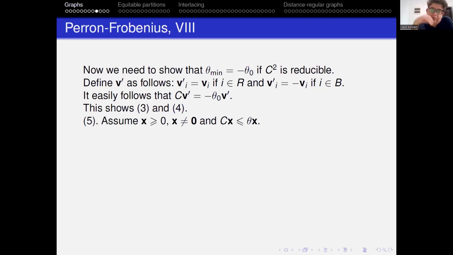So now we do the two technical things. We assume a vector x that has only non-negative entries. It is not the all-zero vector, and that Cx is at most theta x for some theta.